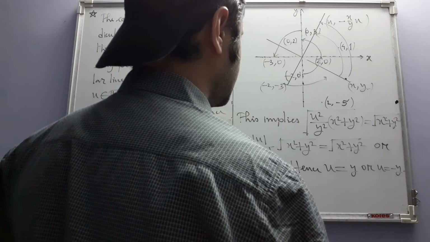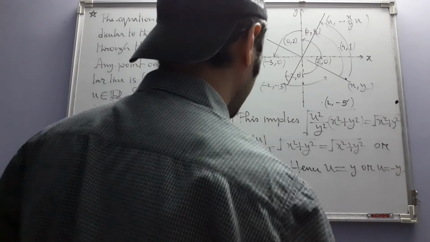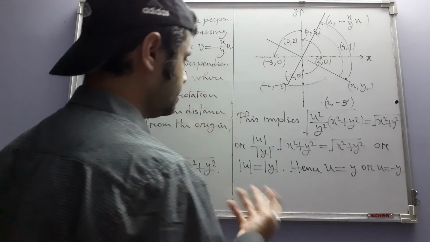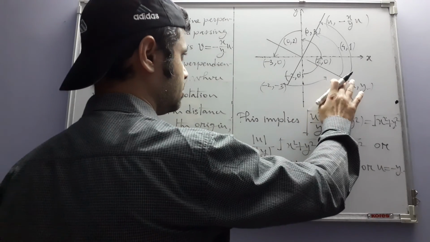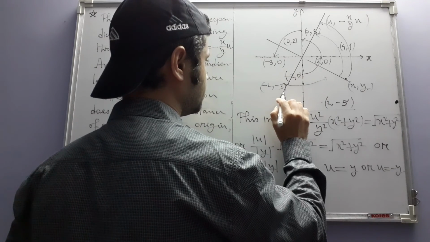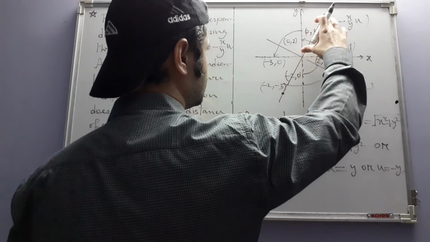In both cases, the points are lying on the perpendicular line, and the distance from the origin is the same as this distance. So that means this is the other point here.